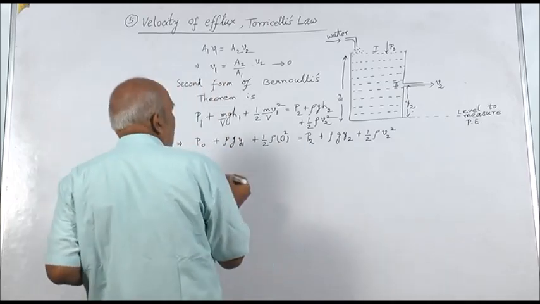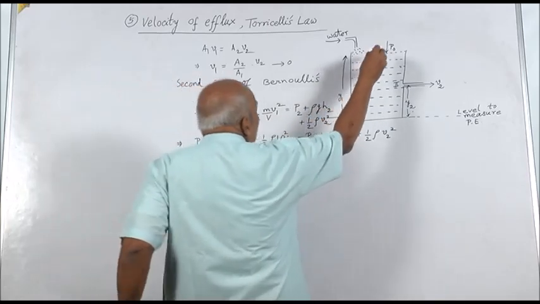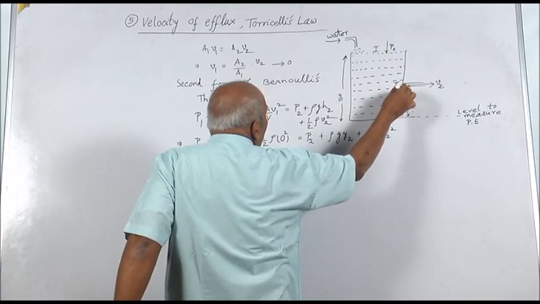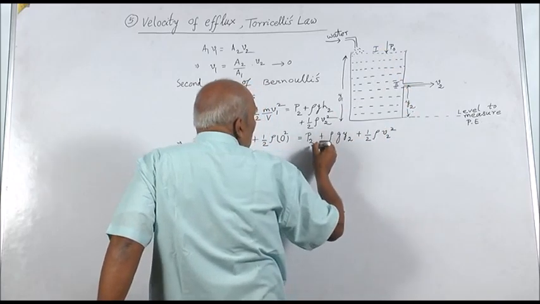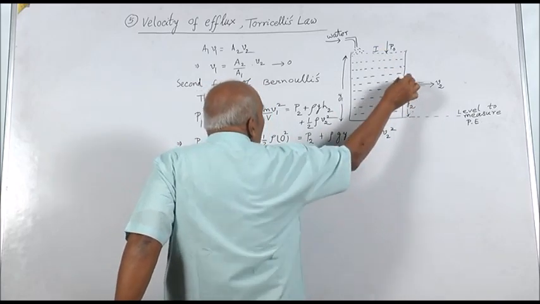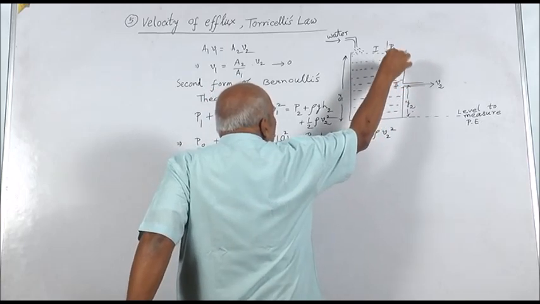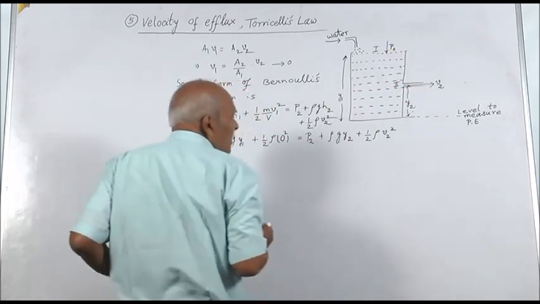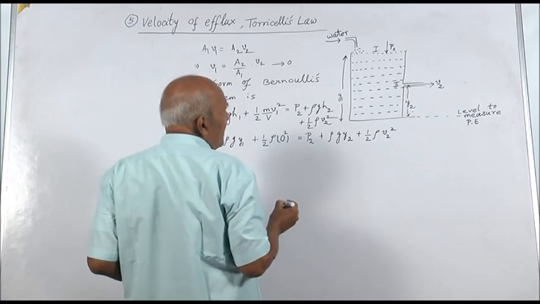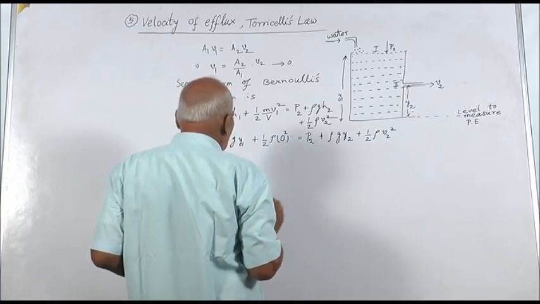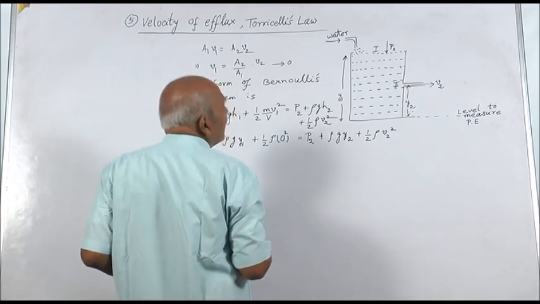Then the pressure of the atmosphere is P0 here, and here we write P2, but within this distance, that is Y1 minus Y2, the variation of pressure is not very much different.